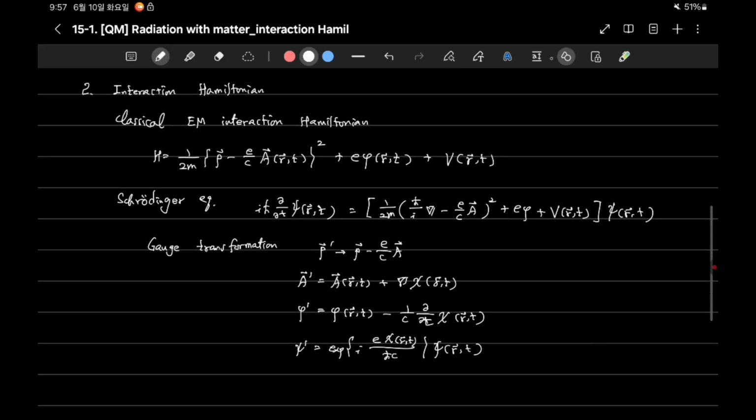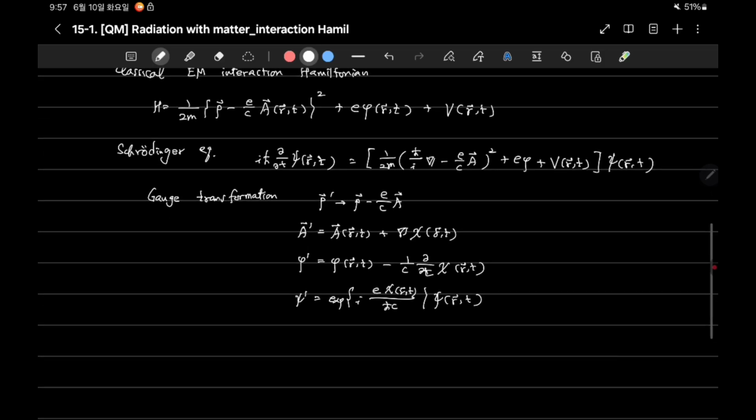In this case, when we consider this interacting Hamiltonian, classically it can be separated into a non-interacting Hamiltonian plus an interacting Hamiltonian. So let's divide the Hamiltonian into the non-interacting Hamiltonian plus the interacting Hamiltonian.